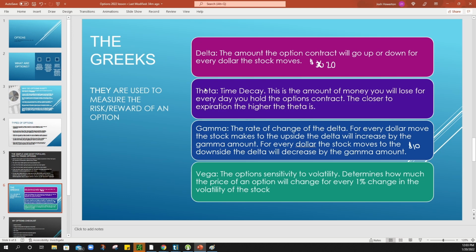Okay, so the vega is going to be the sensitivity to volatility, and it's going to determine how much the price of an option is going to change up or down for every 1% the volatility increases or decreases of the underlying stock. Again, the vega, you're not going to really focus too much on that. But again, it's very nice to know.